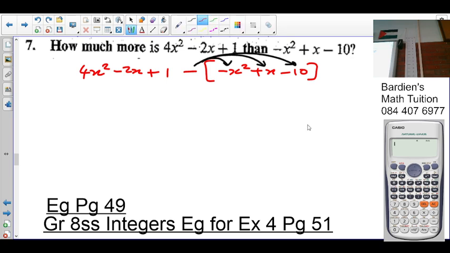So you're going to get 4x squared minus 2x plus 1. What's negative times negative? Positive x squared. What's positive times negative? Negative x. Negative times negative? Positive 10. So what will I be doing now? Looking for like terms.